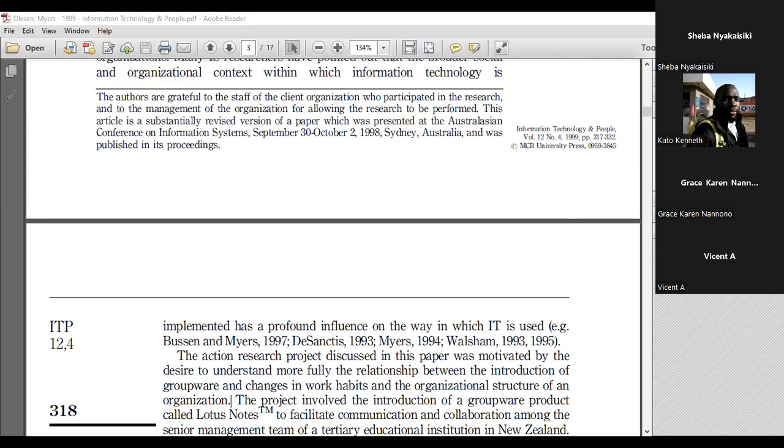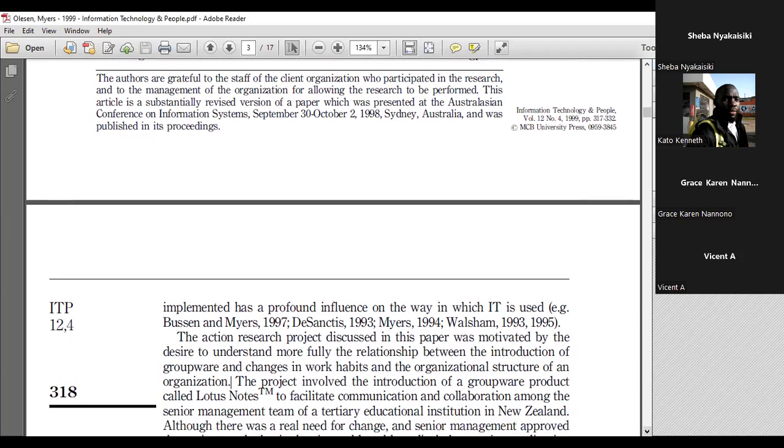Yes, the research objective. So the research objective automatically is the proposed solution, what the researchers then propose.